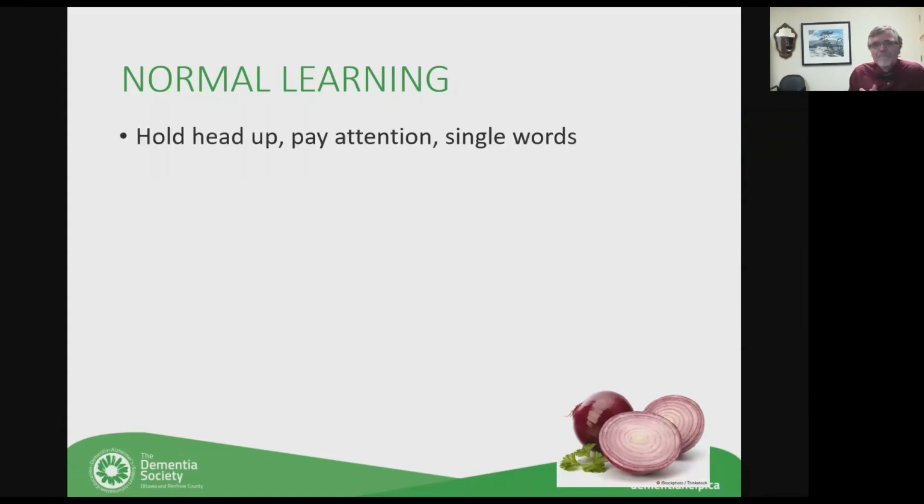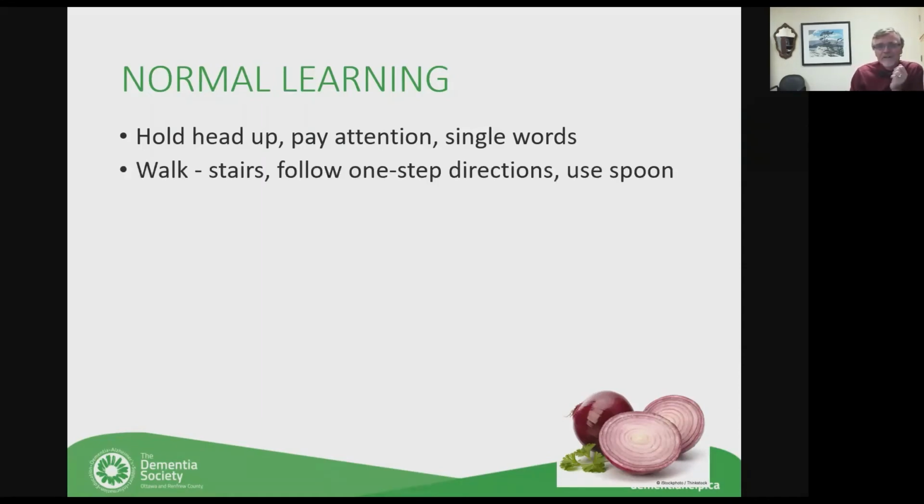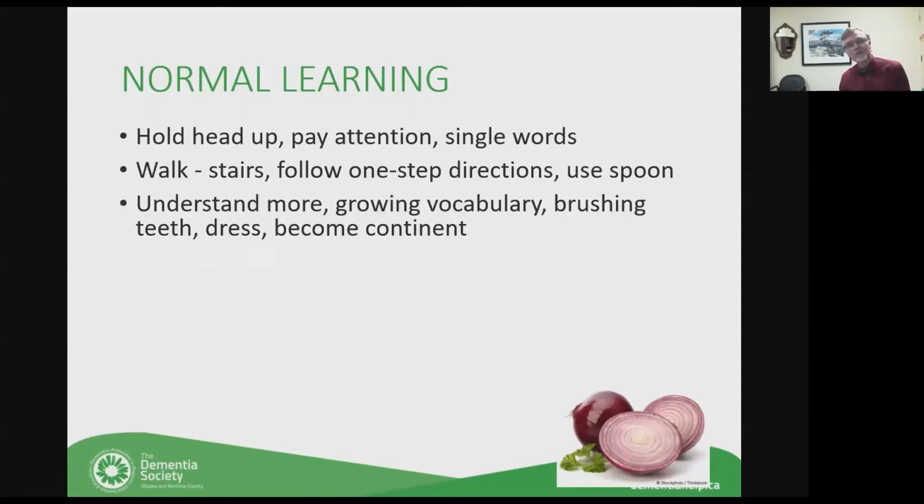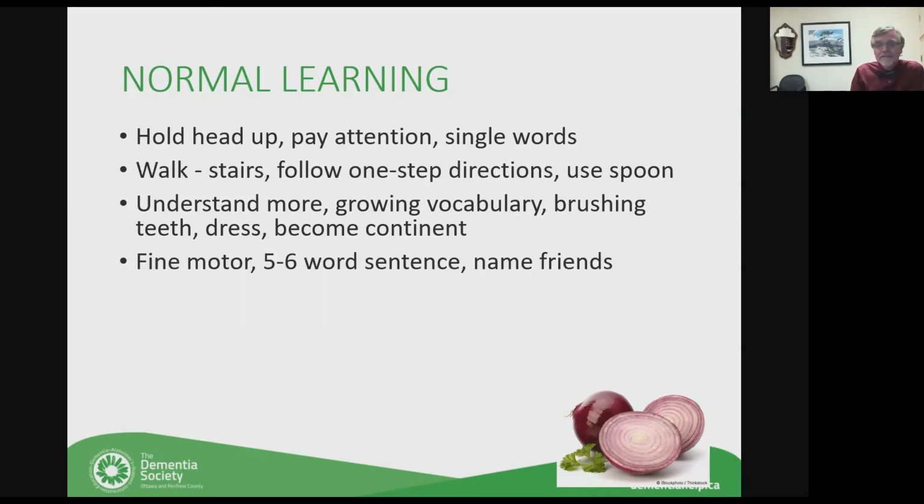So let's just talk about child evolution. First we learn to hold up our head, pay attention, and we can say single words. Then we learn to walk up the stairs. We follow one-step directions. We can use a spoon, right? We understand more and more. We develop a growing vocabulary. We start brushing our teeth. We dress. We become continent.